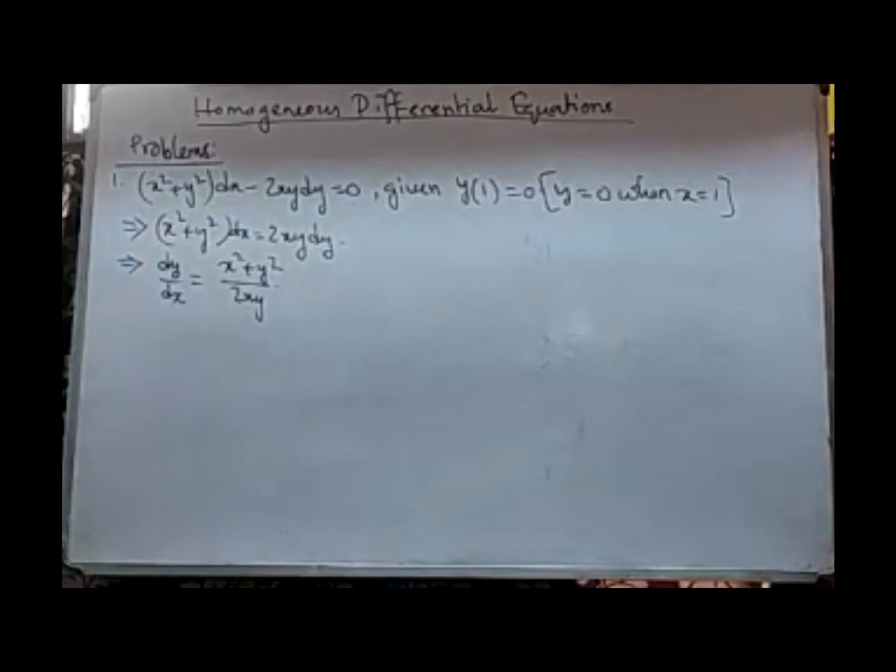So this is dy/dx equals f of xy, the right hand side x square plus y square by 2xy. So we need to convert it into some function of y by x. For that, we do the same thing that we have done for homogeneous function. We have to take the highest power of x common.